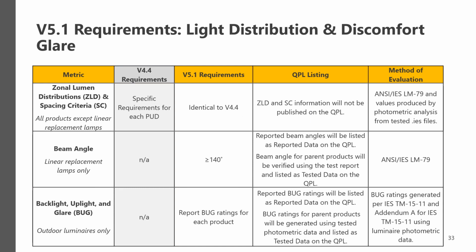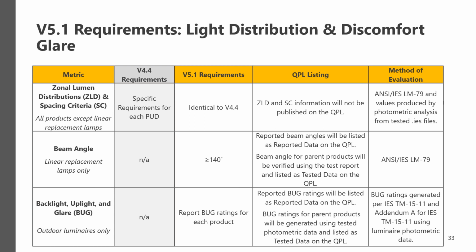Zonal lumen distribution and spacing criteria are specifically called out as part of the light distribution requirements. However, the actual requirements, qualification criteria, and verification methods remain unchanged from version 4.4 technical requirements. And the requirements are applicable to all products except for linear replacement lamps.